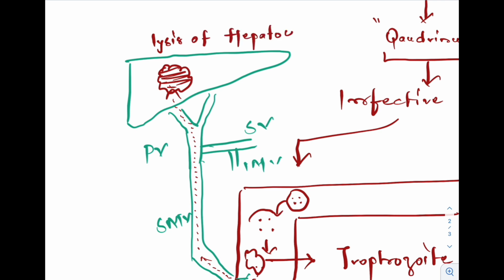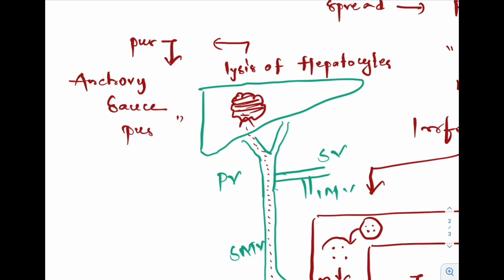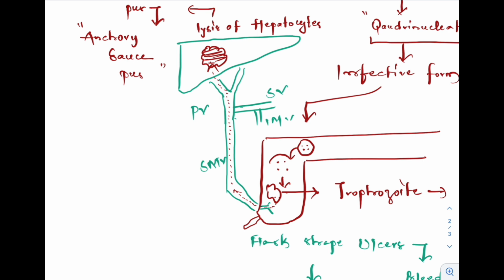So it forms the abscess over here, which is nothing but the amoebic liver abscess. It forms pus of the color of anchovy sauce, so this can be called anchovy sauce pus.